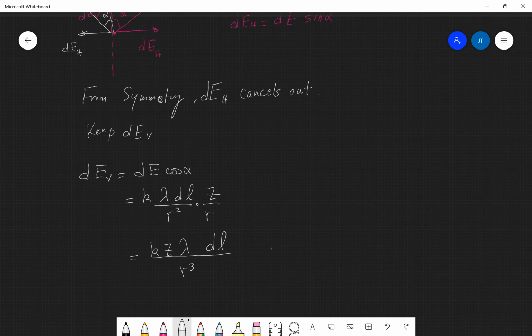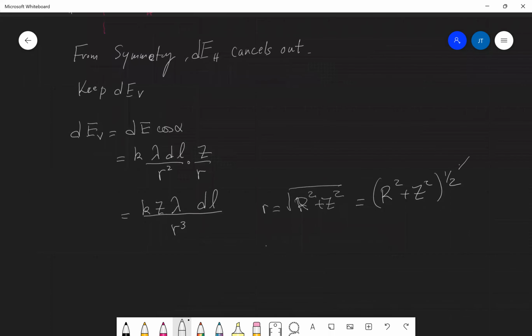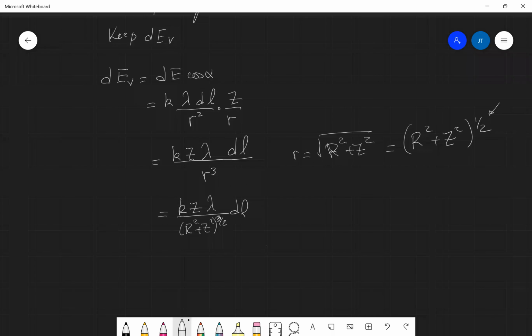But remember, r was the square root of capital R squared plus z squared. So r cubed is basically R squared plus z squared to the 1/2 power, and to get r cubed, we just multiply this power by 3. So it's k z lambda over R squared plus z squared to the 3/2 times dL.